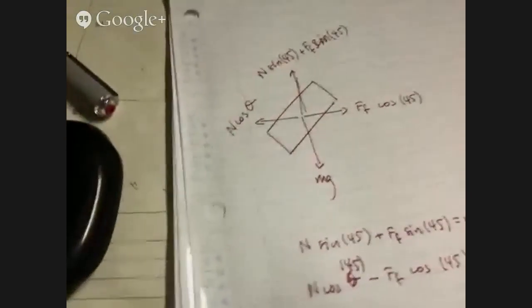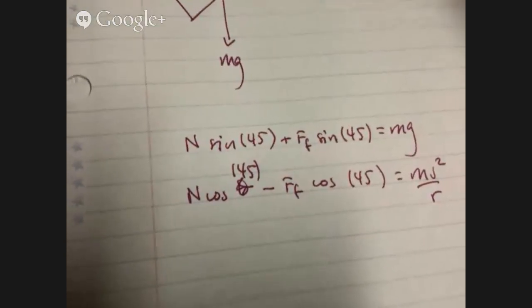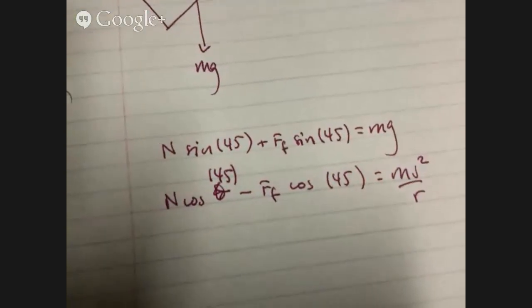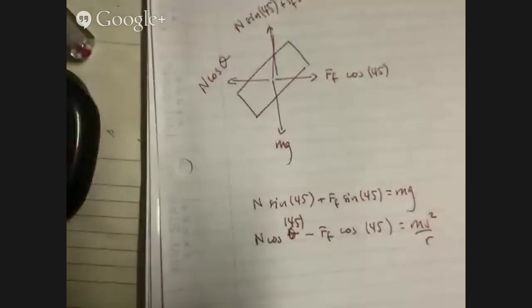It would be 90 minus theta. One of them would be cosine and one of them would be sine. And then you're missing one more equation. You're trying to find the minimum angular velocity, so it's got something to do with the rotational motion, right?